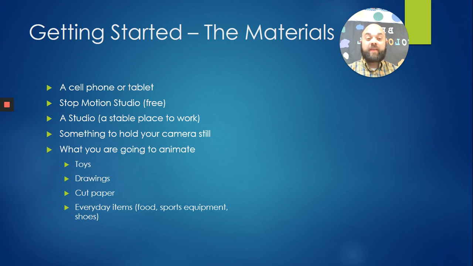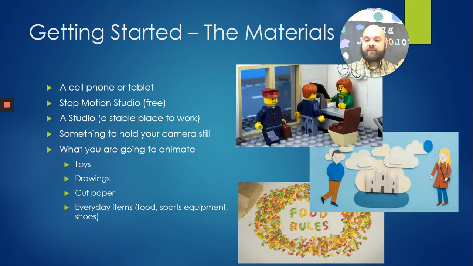And then, of course, you're going to need the thing you're going to animate. Now, that can be a lot of different things. It could be toys. You could draw out things. You could draw it on a piece of paper and do each frame drawn out. If you're going to do that, use thin paper so you can kind of trace what you're doing. You can do paper cutouts where the paper moves, or you can use everyday items.